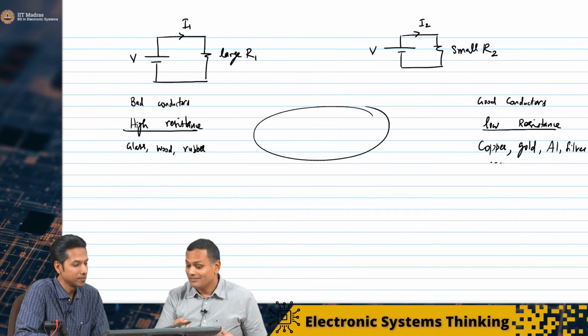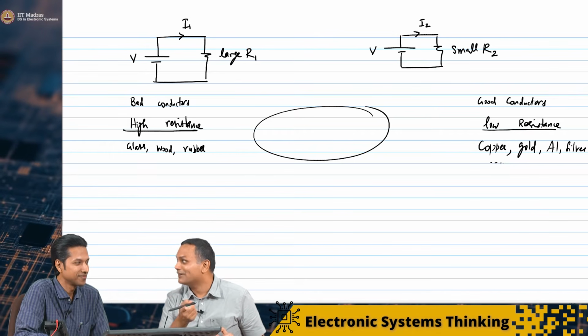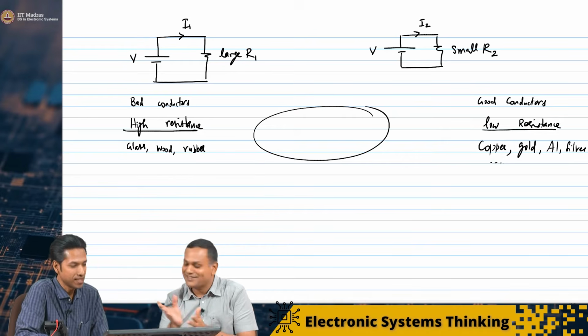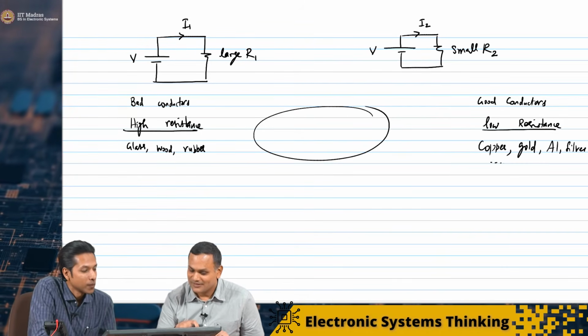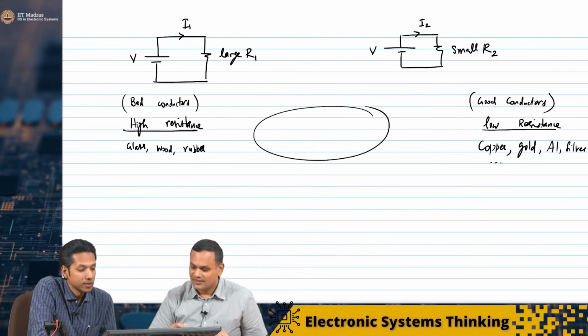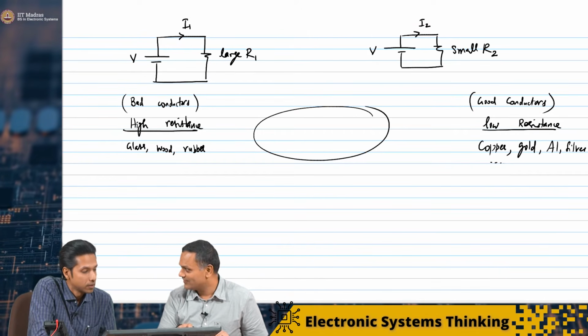And by the way, we are talking about resistance R. We will also learn about something called conductance, which is inversely related to resistance. We'll study that, but I just wanted to throw it in there. So these are bad conductors. These are good conductors. Good conductors have low resistance. Bad conductors have high resistance.